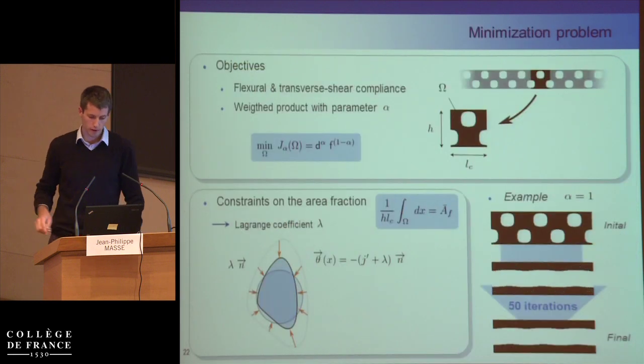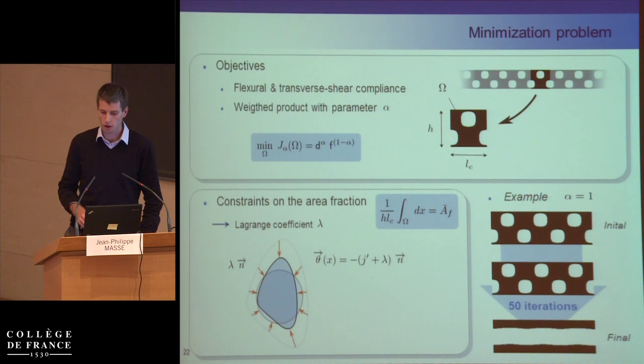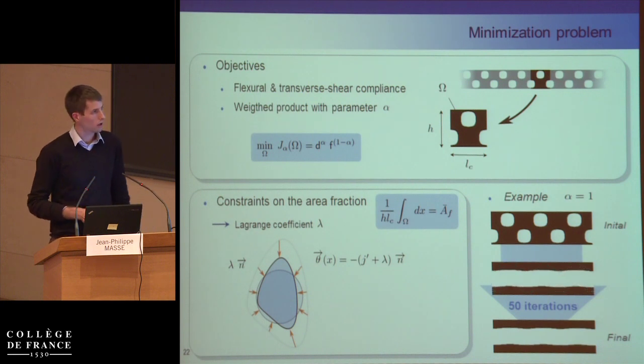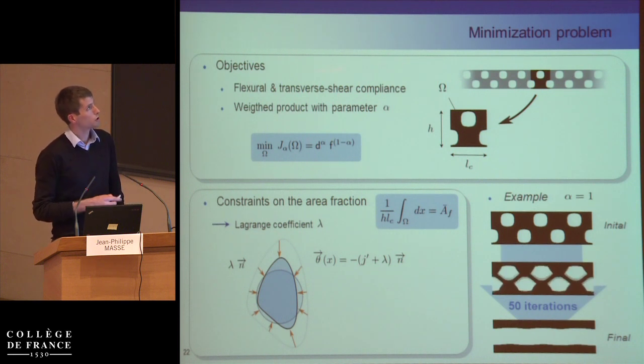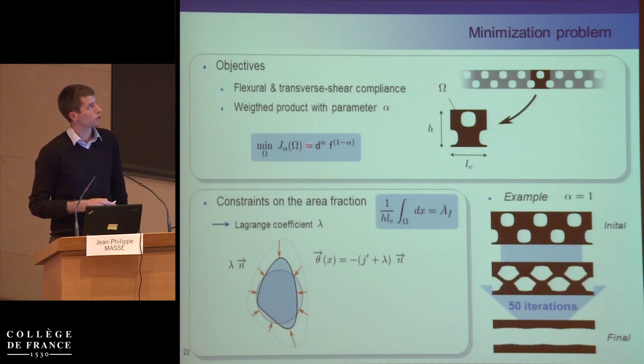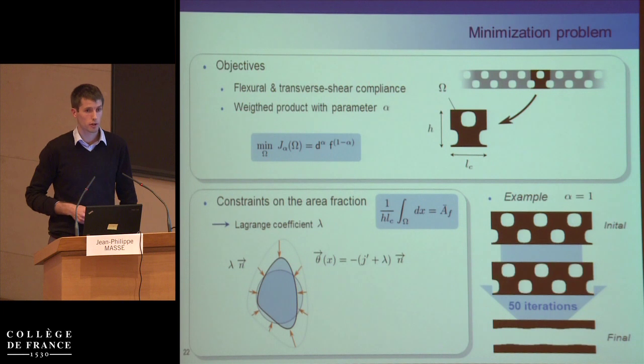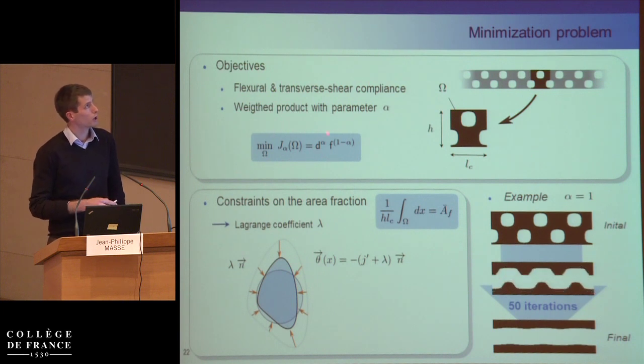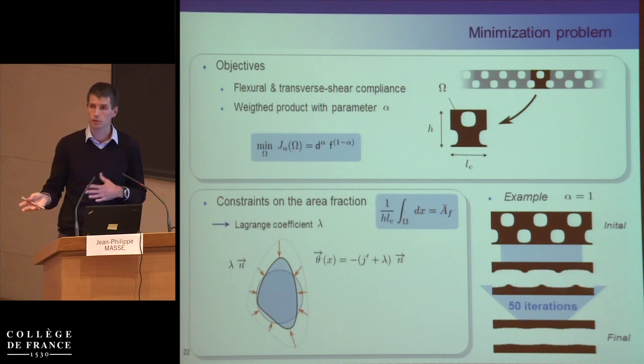Okay, so now we have all the ingredients for minimization of our objective function and optimization of our unit cell. We are able to compute flexural and transverse shear compliance, and we introduce an objective function, a cost function, with a weight alpha between bending and transverse shear.